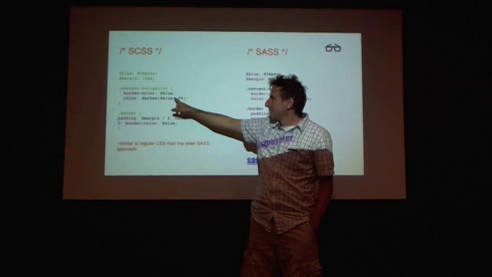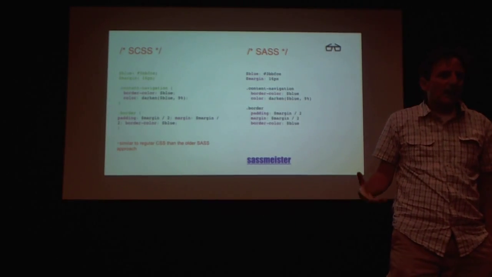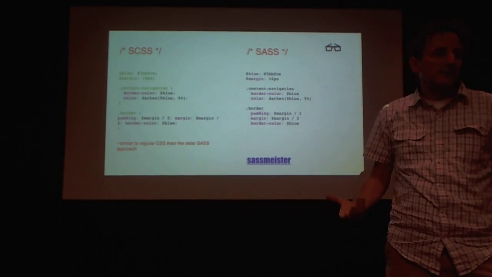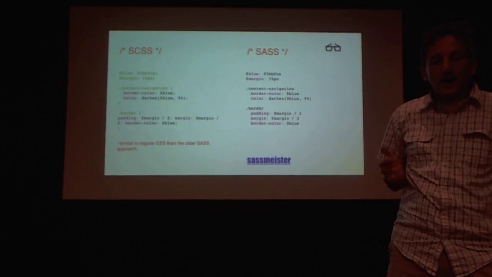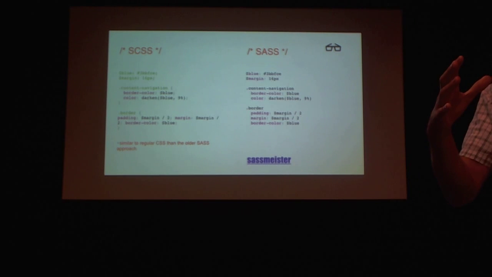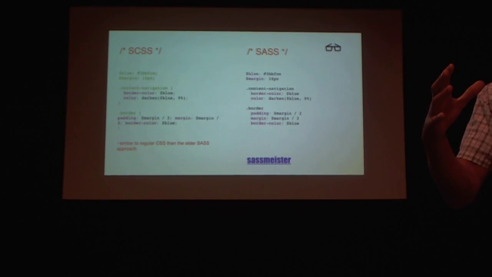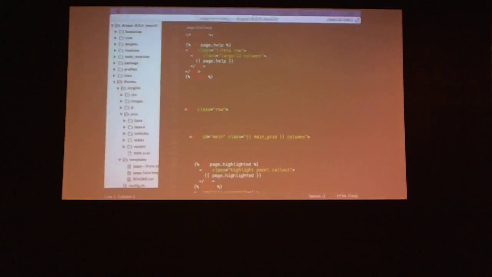So darken 9%. A lot of the stuff that you had to spend a lot of time doing in CSS is much more simple in Sass. And I also like it because it allows me to break out the files that the CSS lives in, and I just want to show you a little bit of that.